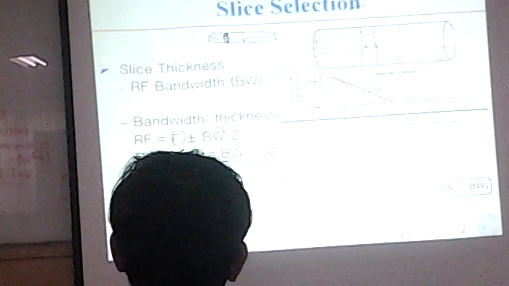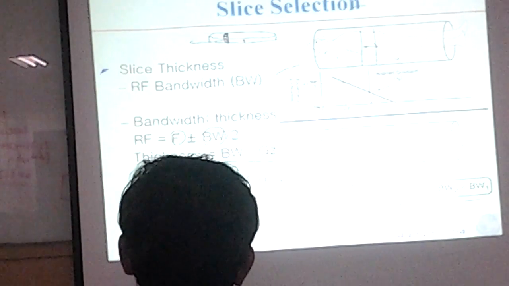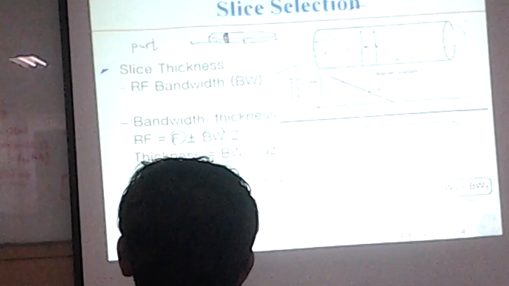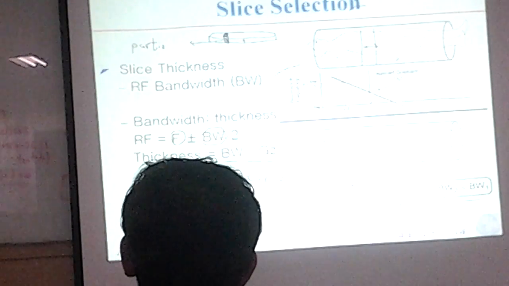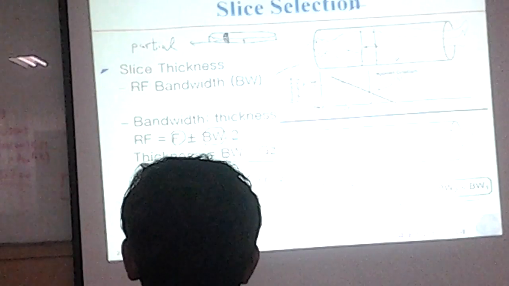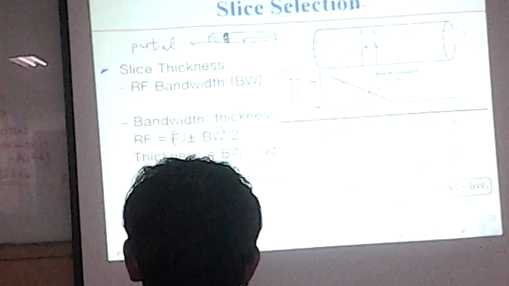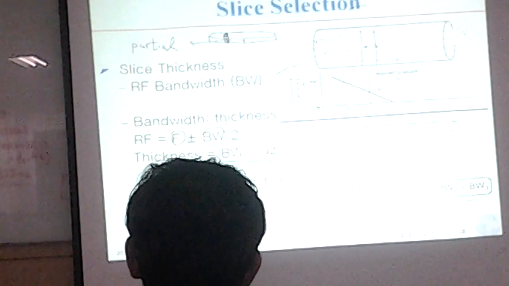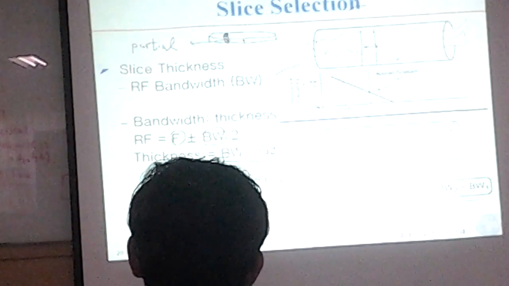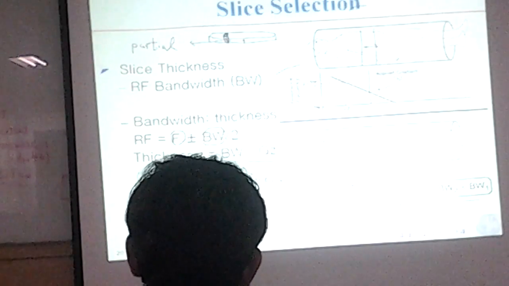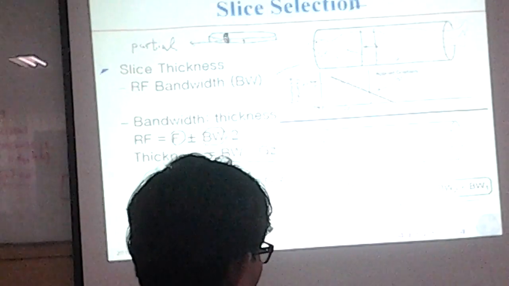We call this effect the partial volume effect. That means that if the slice thickness is thick, then we cannot distinguish the small details of anatomical information. So the thin slice has a high resolution in the slice direction.